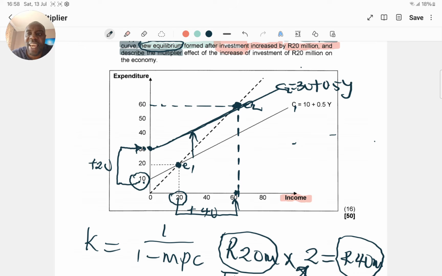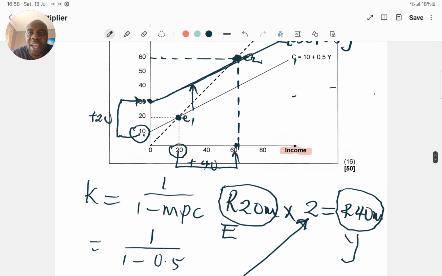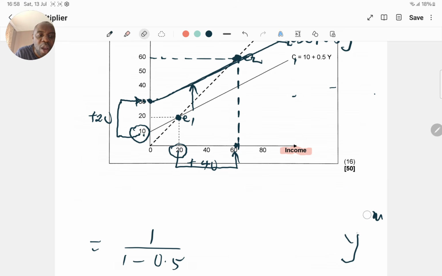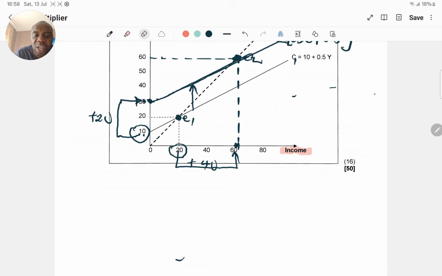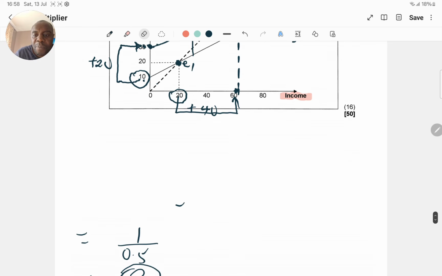In other words, there is another way that the multiplier can be calculated. I will quickly show you how. The multiplier can be calculated as follows. It's K for the size of your multiplier.